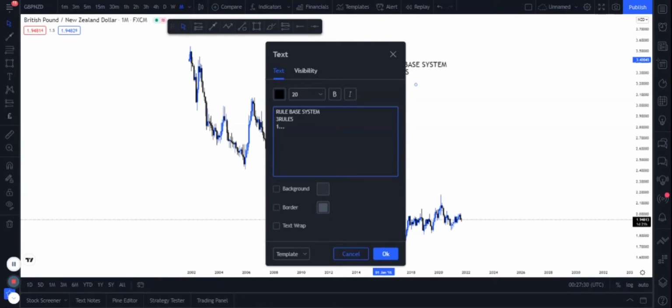So number one, as I said, is structure, liquidity and bias.